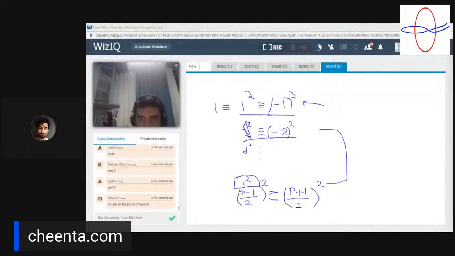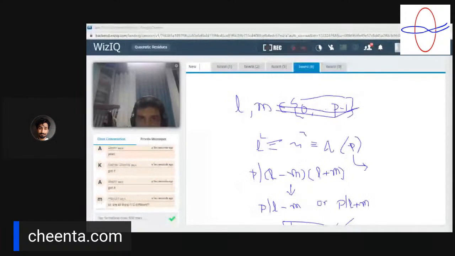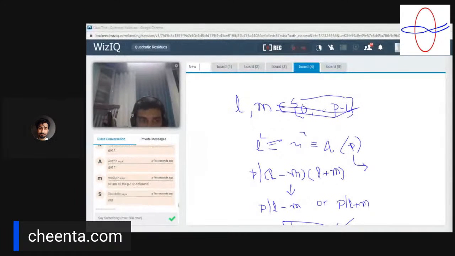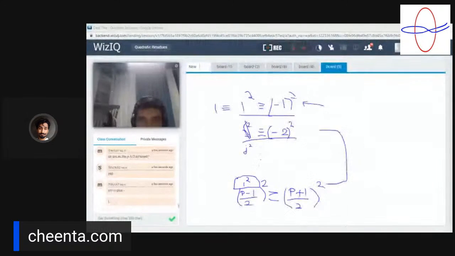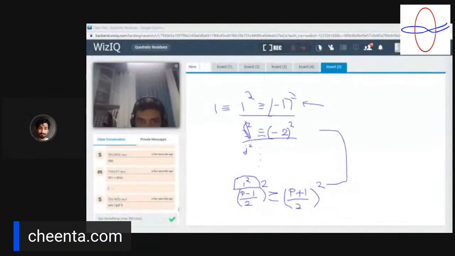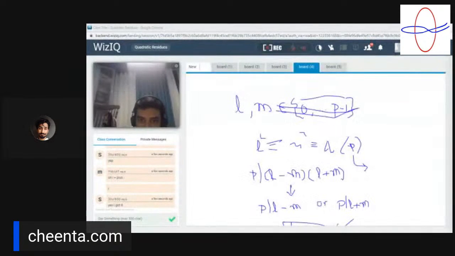Then we get that i has to be congruent to plus or minus j mod p. But that is not possible because both i and j are less than p/2. So i plus j cannot be p. And if i minus j is equal to p, then that just means i is equal to j, right?